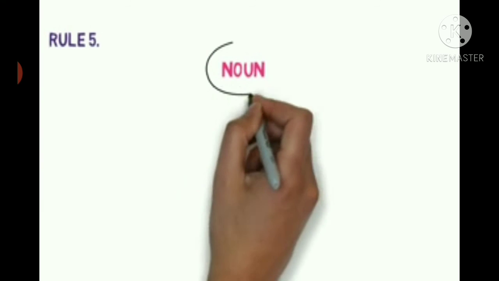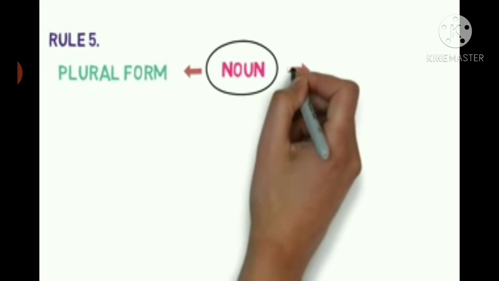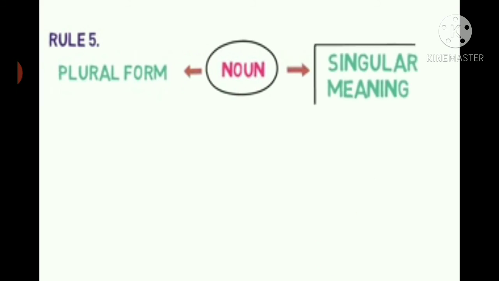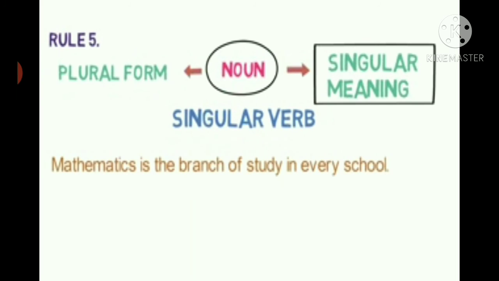Now let's move on to rule number 5. If a subject is plural in form but represents a singular noun, then the verb is singular. Or when the subject is plural and it represents a single unit of distance, time, weight, or money, then also the verb will be singular.